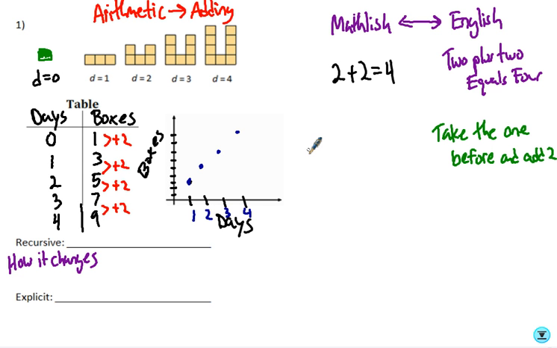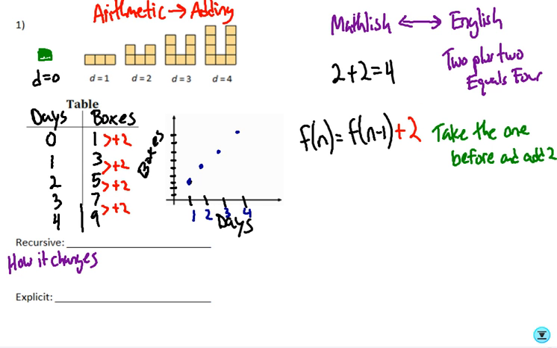So the number that you want, and we'll call that f of n. You take the one before it. Well, the one before n, we'll say n minus 1 to mean that that's the one before it. And then however it's changing. So in this case, it's changing by adding 2.